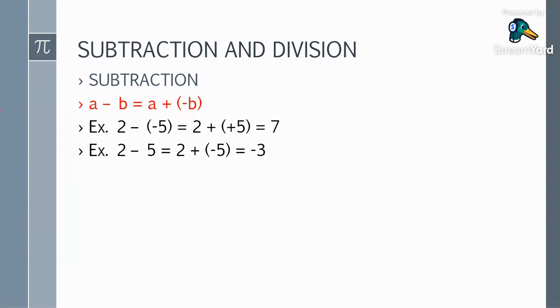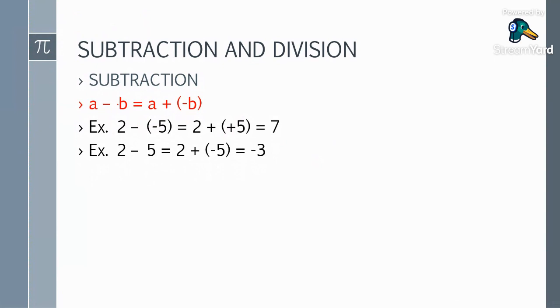Therefore, the number 5 changes its sign from positive to negative. That's why it becomes negative 3. To indicate negative numbers, negative 5 lies 5 units to the left of 0 on the number line.